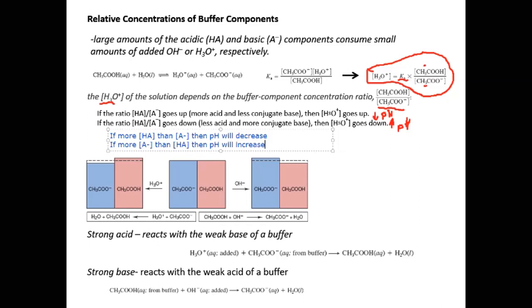And the reason it will is because we're satisfying this ratio up here. So Ka times the concentration of weak acid over weak base will affect the amount of H3O plus in solution.